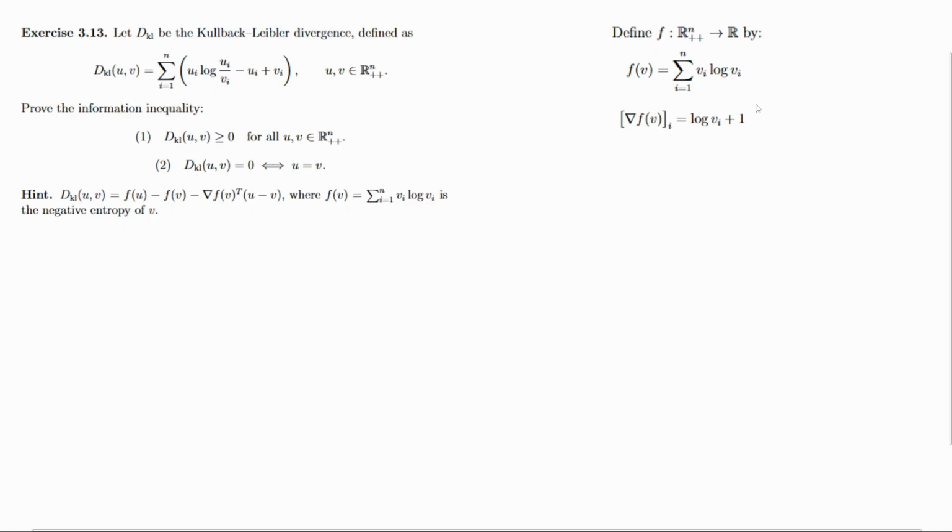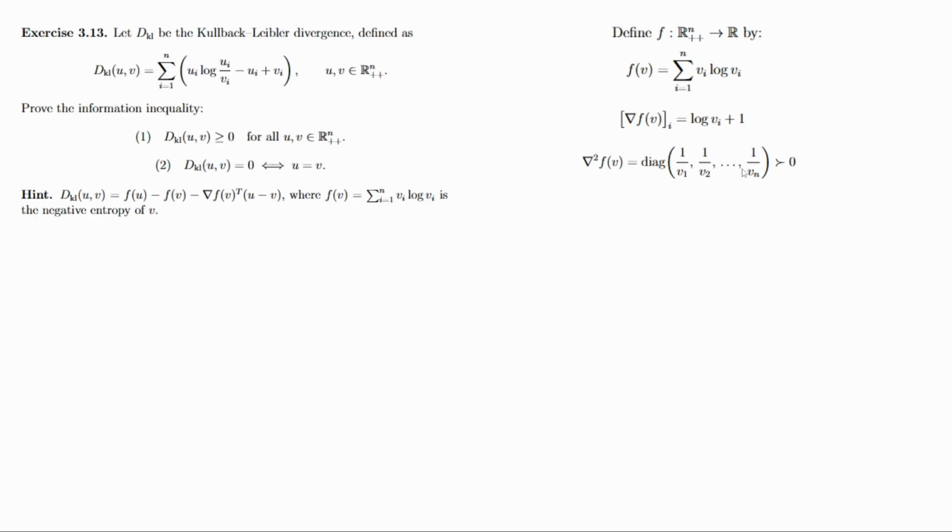Starting with the first derivative, taking it with respect to v, we have log of v plus 1. And then differentiating one more time, we see that the Hessian is a diagonal matrix with entries 1 over v_i. And since v_i was positive, we know that this is strictly convex, not just convex, because these terms can't be 0.